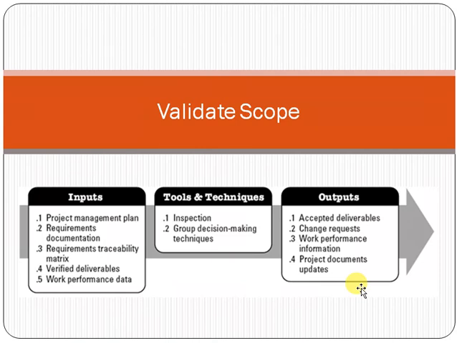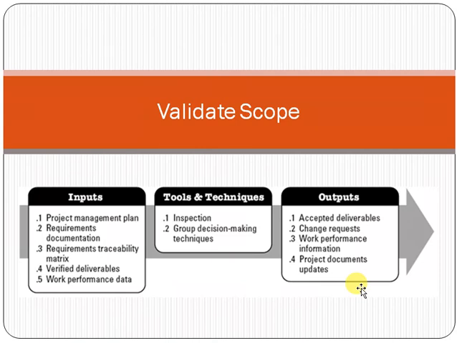Validate scope is a project management process in which we use the requirement documents, scope documents, and project management plans, and by using inspection and group decision-making, we either accept or reject the deliverables. The output of validate scope is the accepted deliverables.